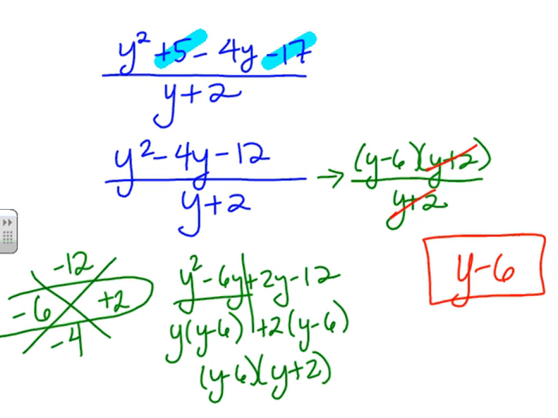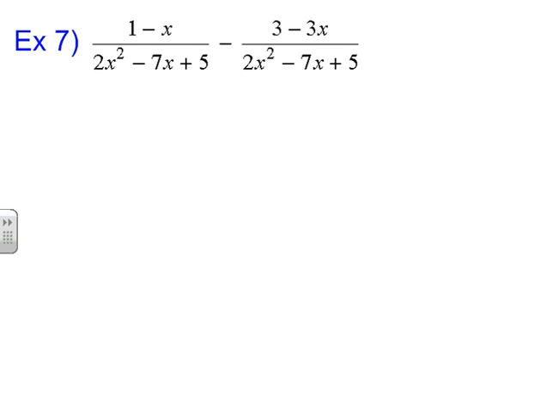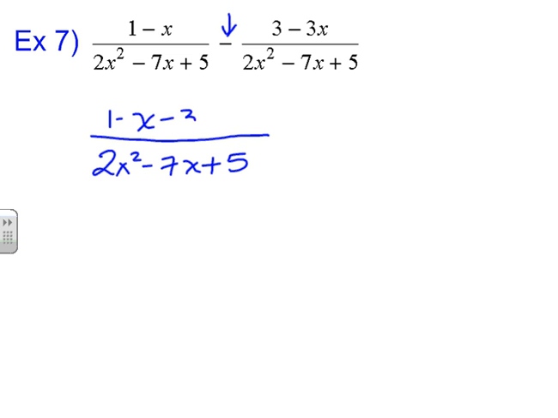We're going to do it one more time. 1 minus x divided by 2x squared minus 7x plus 5, and from that, we're going to subtract 3 minus 3x with the exact same denominator of 2x squared minus 7x plus 5. So we'll have 1 minus x. Since it's a subtraction problem, we'll change both signs: negative 3 plus 3x.